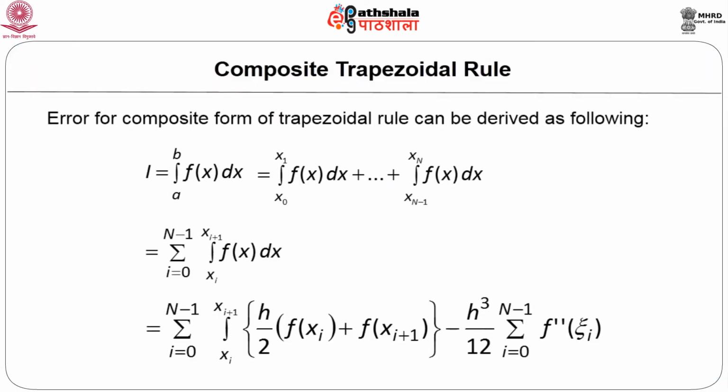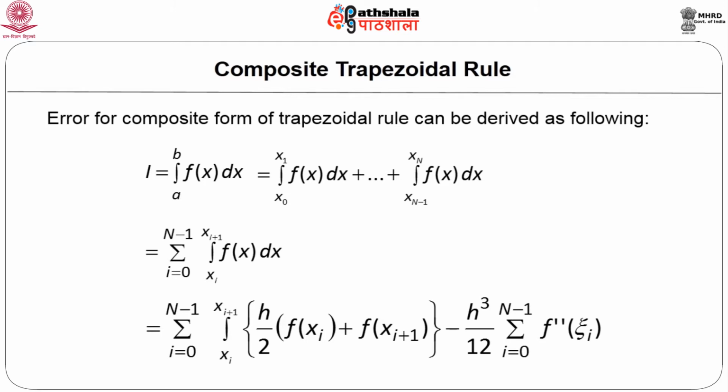Here again, as we know, the integral of a sum is the sum of the integrals, and so the error term in the composite form can be derived as follows: the integral from a to b of f(x) dx is equal to the sum, i equal to 1 to n, of the integrals from x(i-1) to xi, plus the error term.